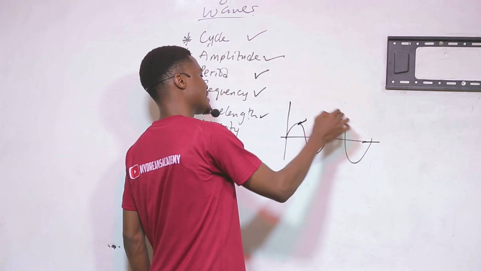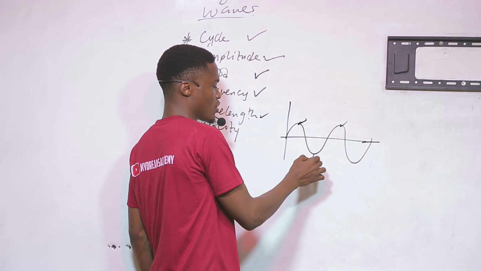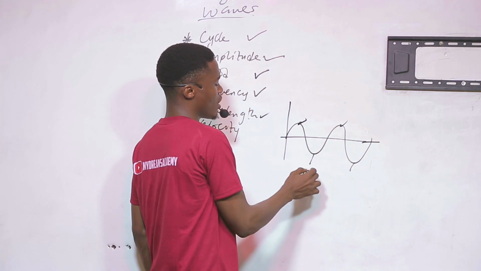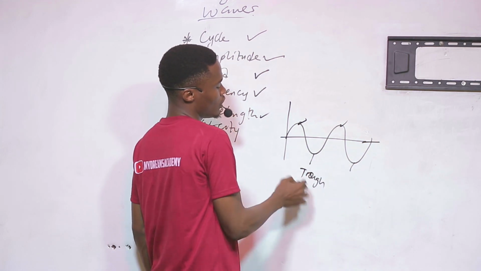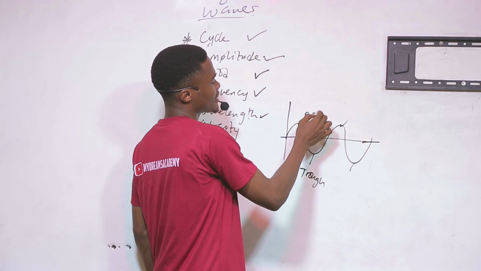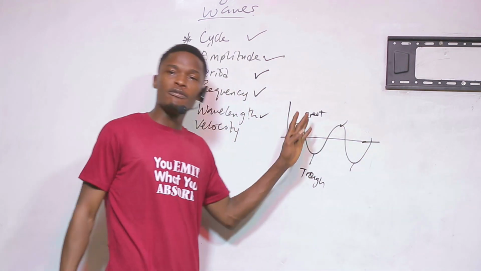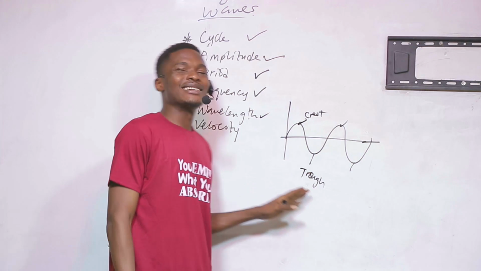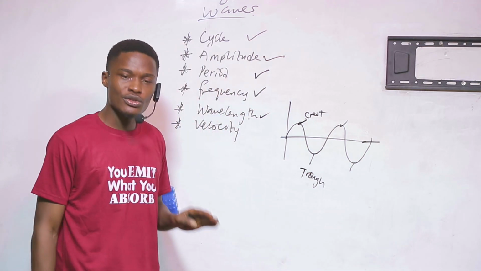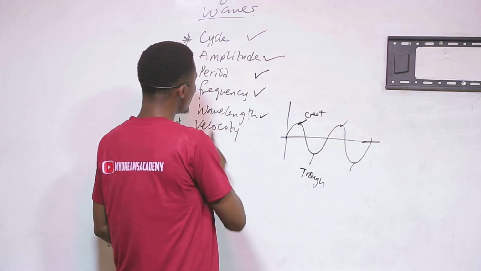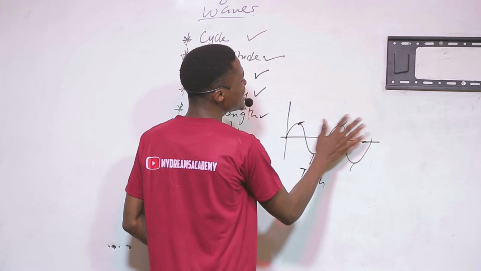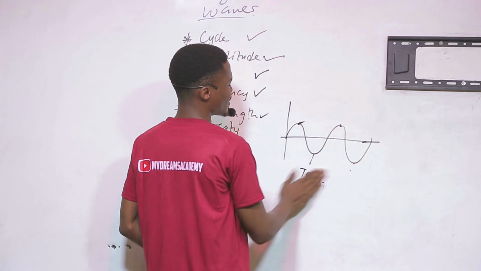So this is a crest, this is a crest, this is a trough, this is a trough. Up movements are called crests, down movements are called troughs.